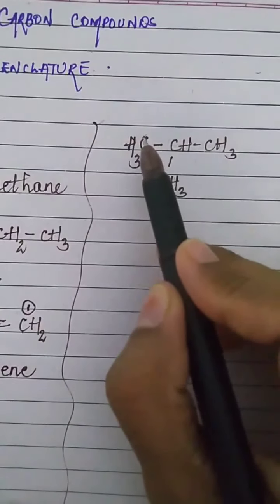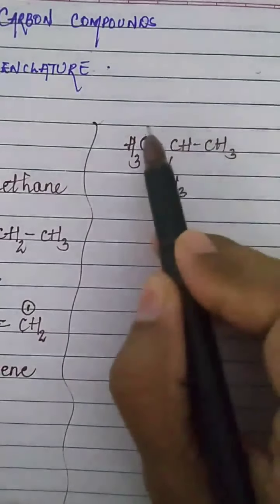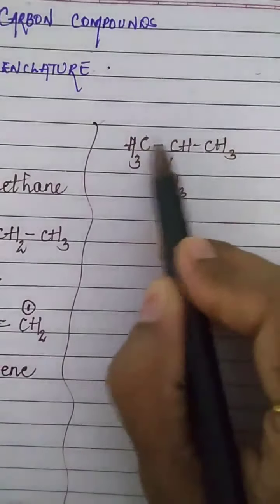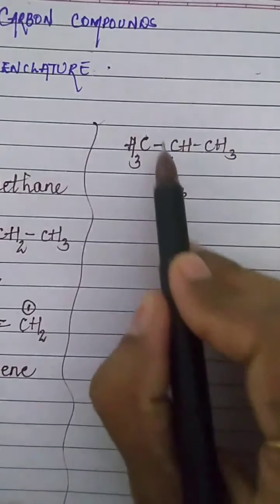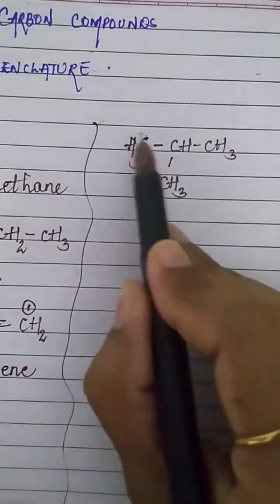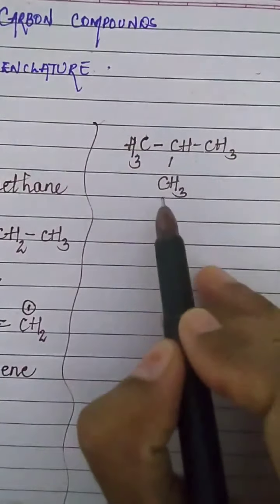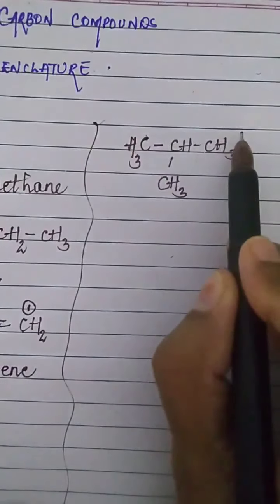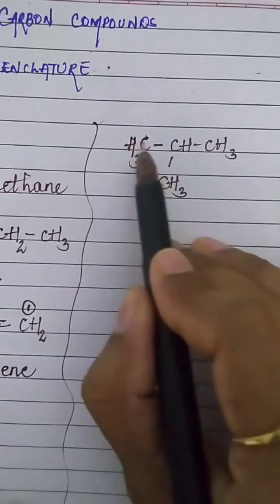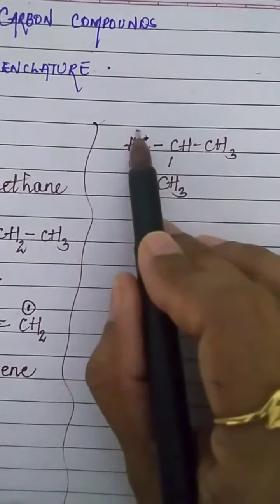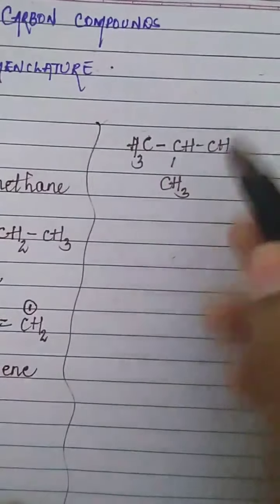If I consider this way, 1, 2, 3, three carbons are coming. If I consider this way also, 1, 2, 3 is coming. The longest chain you will consider. So the best is taking it straight, no?